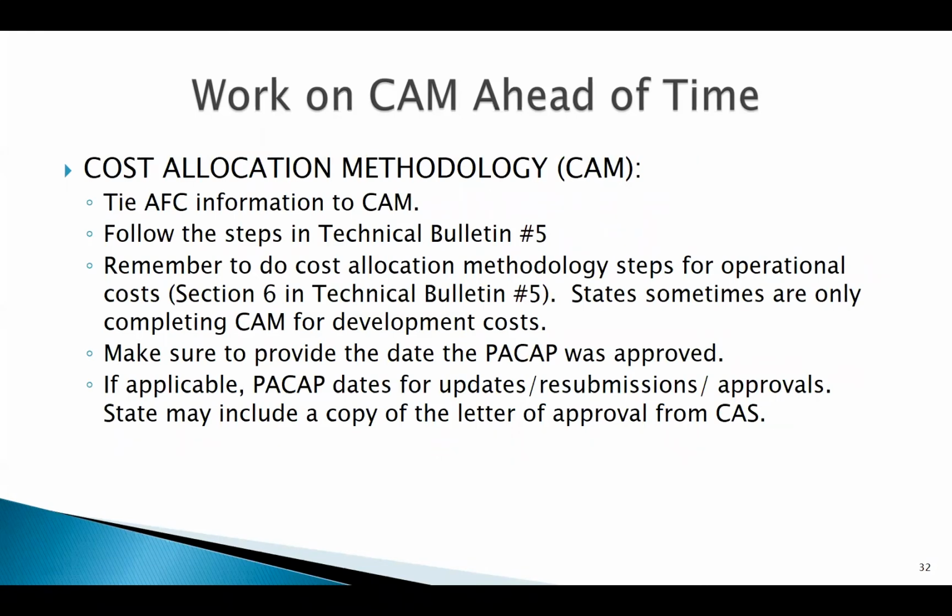It used to be, under CCWIS, that would be just handled through the PA cap, but now we have to take that extra step for the operational APD to make sure that if there's duplication or inconsistently used functionality, we're taking that into account for that operational cost allocation. So it's a little bit of an extra step. You want to make sure that your APD, if you're in an operational status, has that information, and that the PA cap is updated as you need to have it updated.